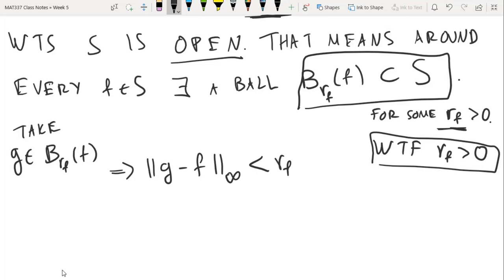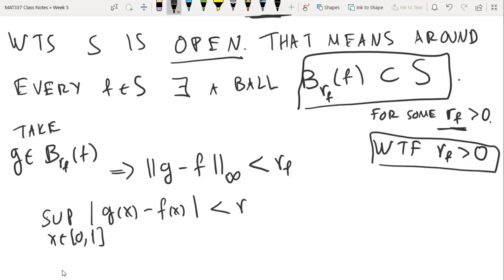It means that the sup over x in [0, 1] of the absolute value of g of x minus f of x is less than r f.